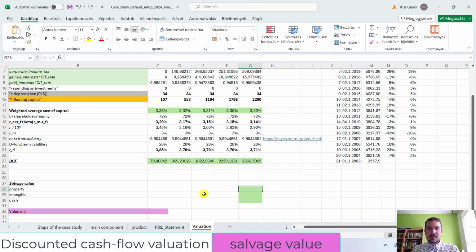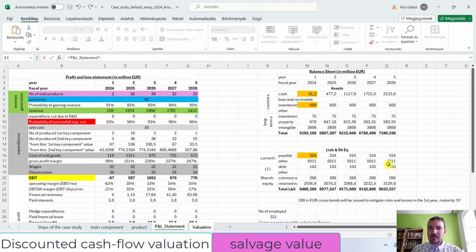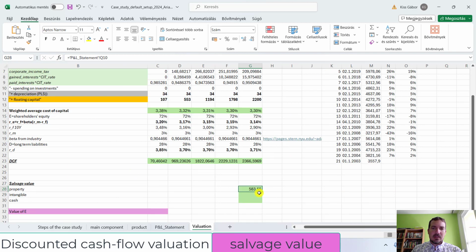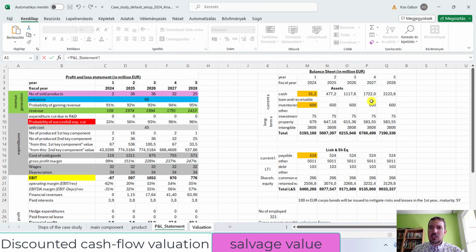Okay, property. In the 5th year, if we have to sell all our stuff at book value, which is quite a romantic assumption, and also intangible and cash.